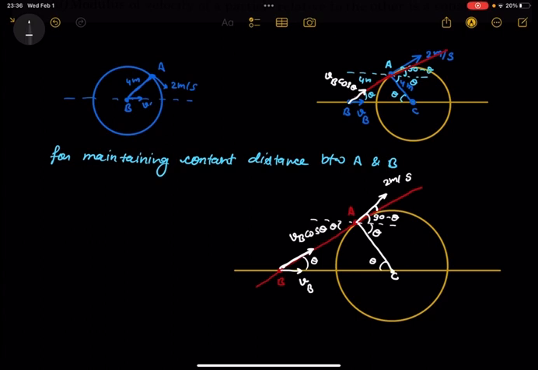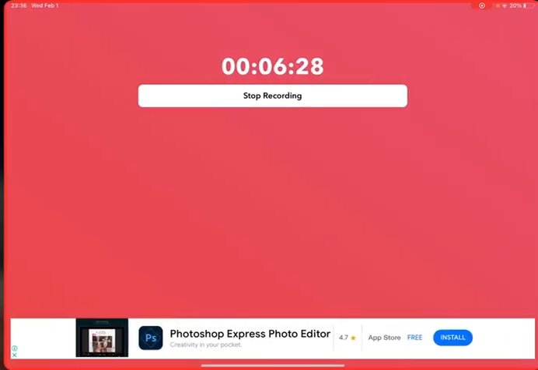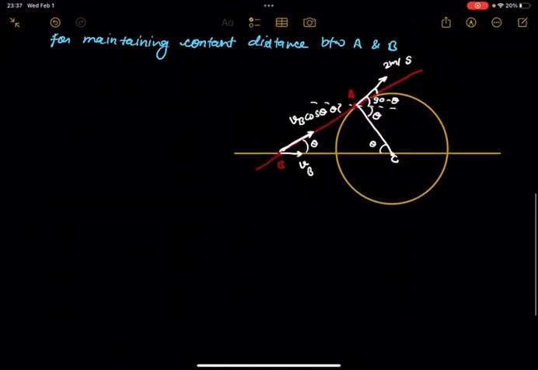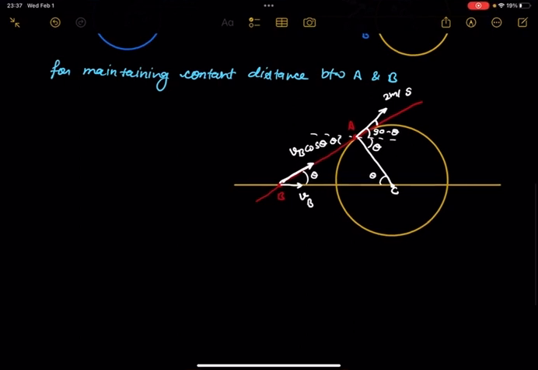Carefully, the sum of two interior angles is equal to the exterior angle. So this angle is equal to 90 minus 2 theta. Understood? Simply we can say that this total angle is 90 minus 2 theta.